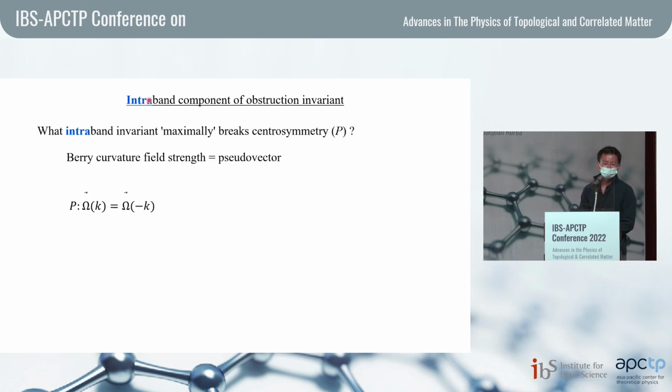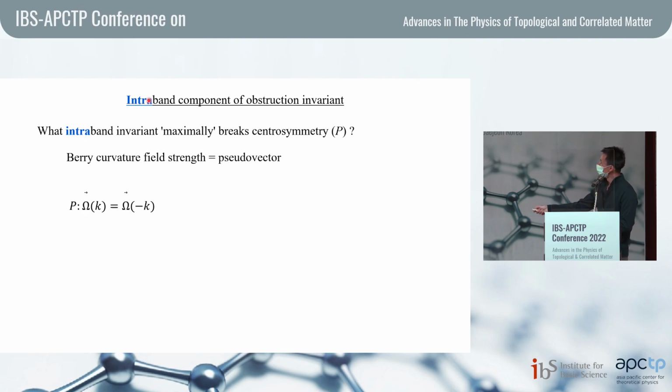Just to motivate it, you can ask the following question: what type of intraband Berry invariant maximally breaks central symmetry? I'm going to put quotation marks on maximally, but hopefully it becomes clearer what I mean. The Berry curvature field strength transforms as a pseudovector under spatial transformations.